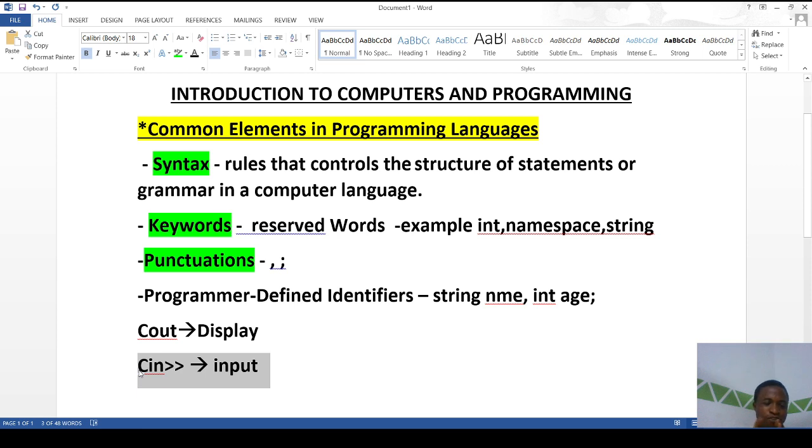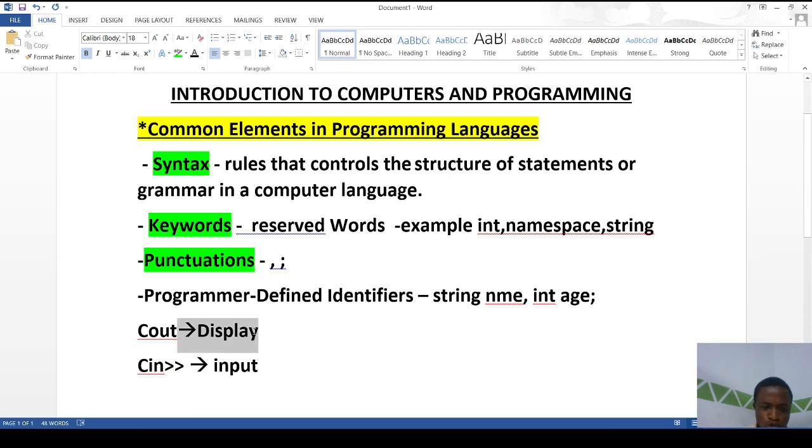Right now, when I'm feeding any data into my system, I'm inputting something. When you pick your WhatsApp phone or the free conference call app that we are using to learn, and you enter anything into it, you are feeding in data. So in the C++ language that we are using, when you hear the word cout, it means to display, and when you hear the word cin, it means to accept.